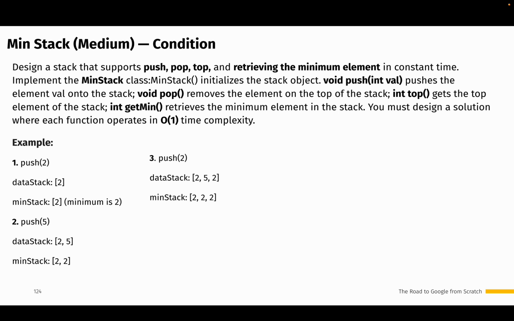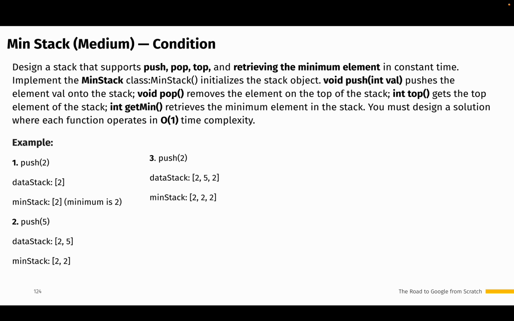And we will need to implement such methods like push. This method adds an element on the top of our stack. Pop is a method which will return the top element of the stack and also will delete it. And top is a method which will return the last element from our stack without deleting it.